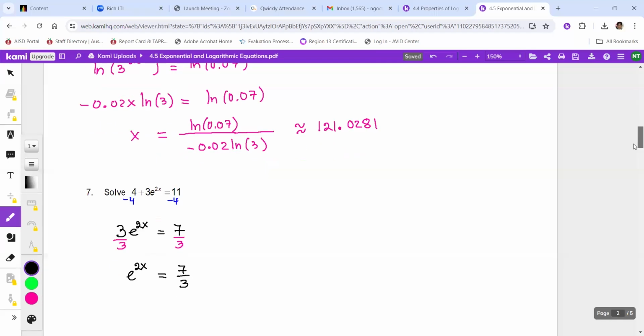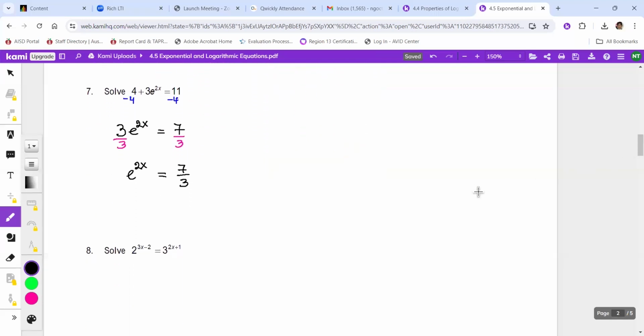Now we can take log. Since the base is e, it's good that we take log with the same base, which is the natural log. Because if you remember, log base b of b gives us 1.